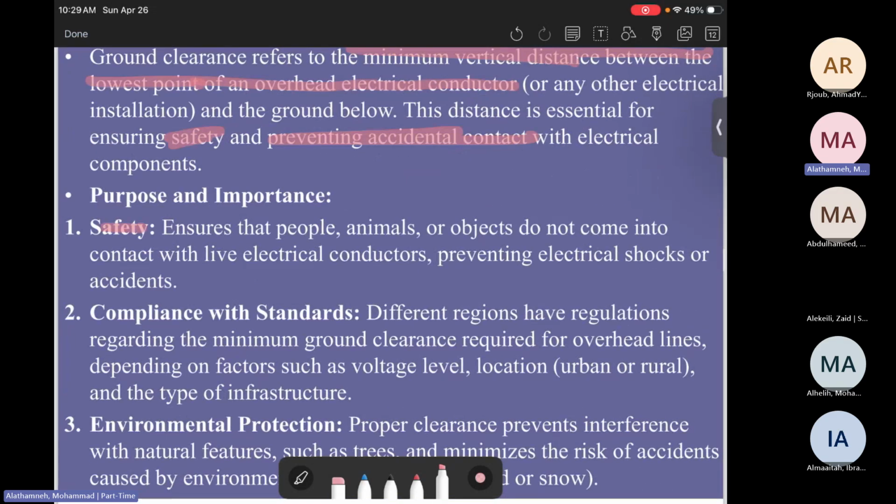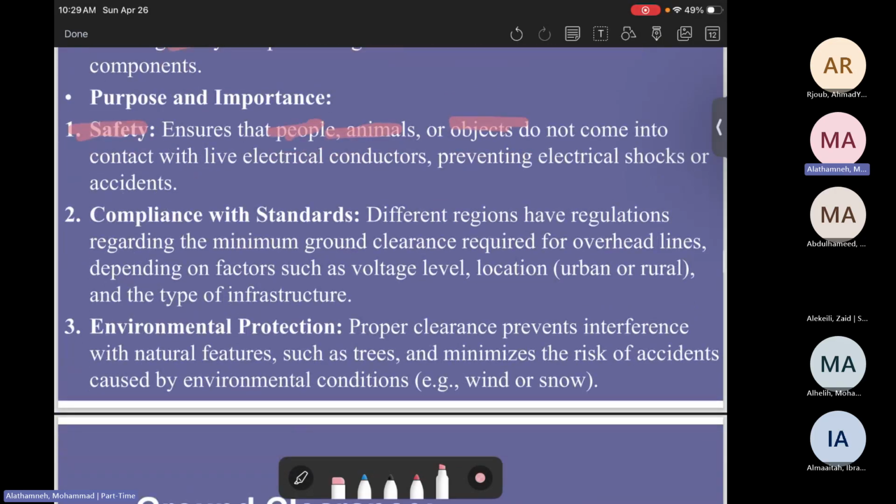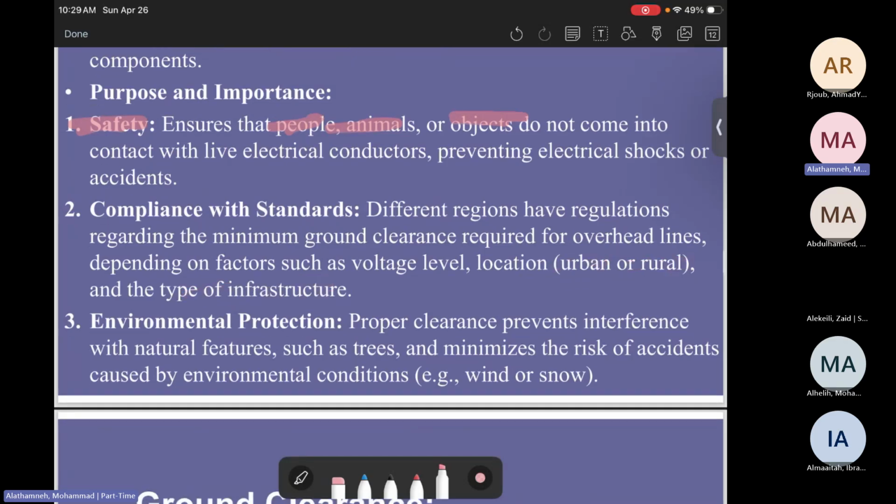We need it for the safety of people, animals, or any other objects, so that they don't contact live conductors. The other thing is compliance with standards, because different regions have regulations regarding minimum ground clearance for overhead transmission lines. We need to consider urban or rural areas, depending on the type of infrastructure.